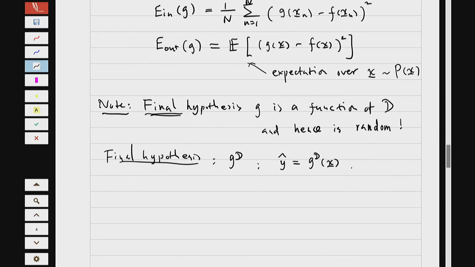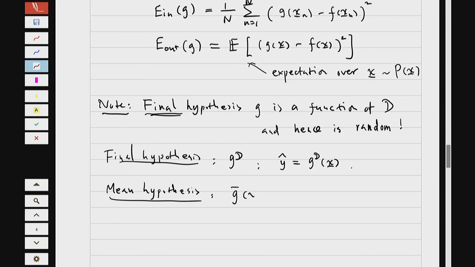And since this g of D is random, we can talk about its expected value. So we have a mean hypothesis, which we denote by g bar.